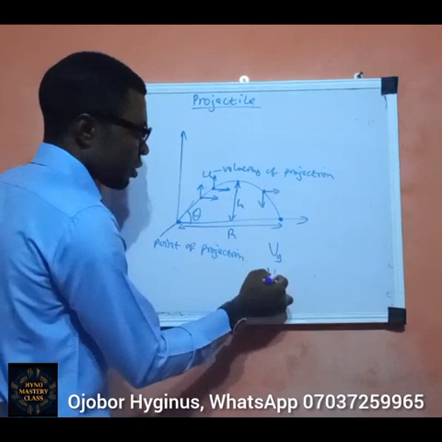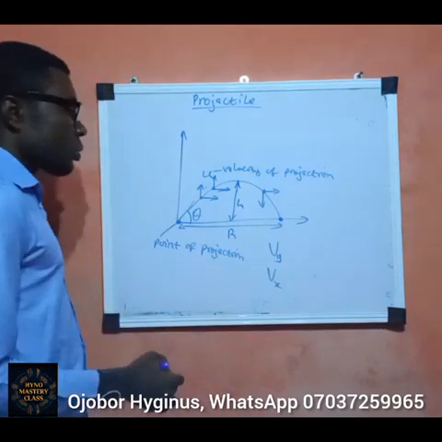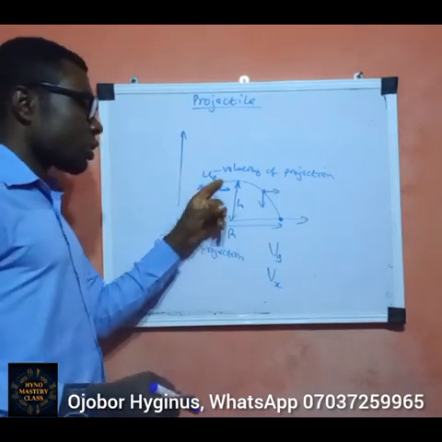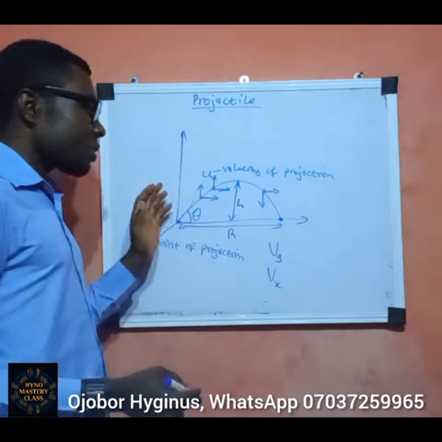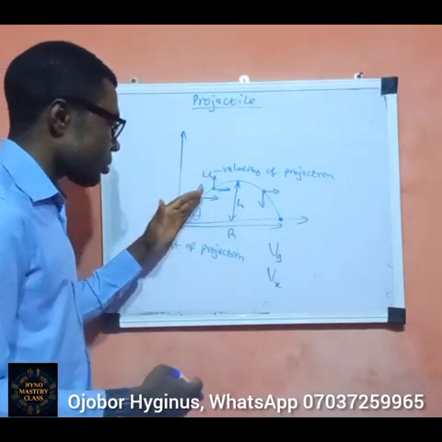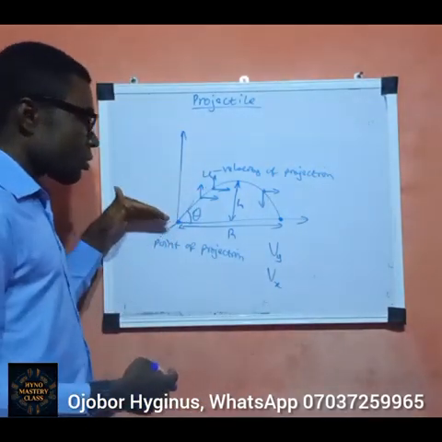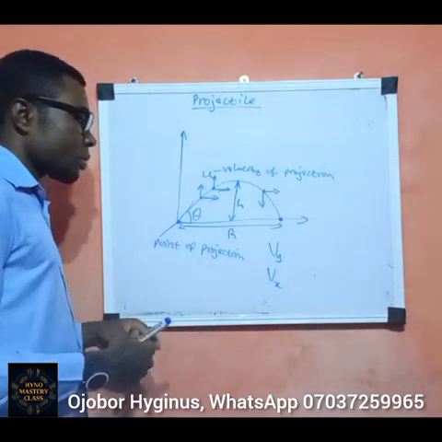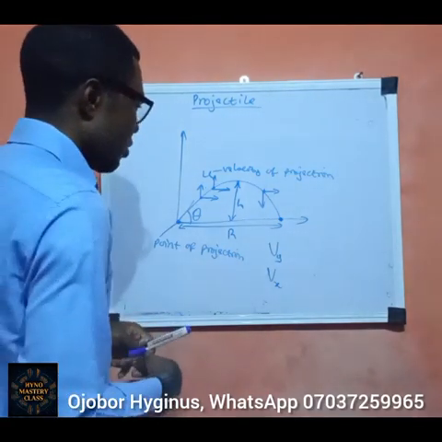So as a body is moving in a trajectory of projection, there are two velocities, the vertical and the horizontal. Because if it is moving at an angle, there is always the vertical component and the horizontal component. So let us take note of that.